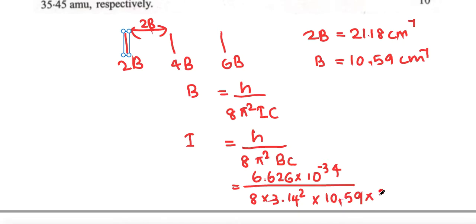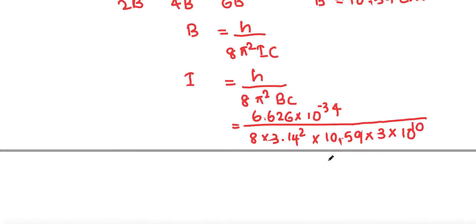Here we take the value of c as 3 into 10 raised to 10 because we took B as 10.59 centimeter inverse, to compensate so that we get an answer in SI unit. So the answer will become 2.6441 into 10 raised to minus 47 kilogram meter square.